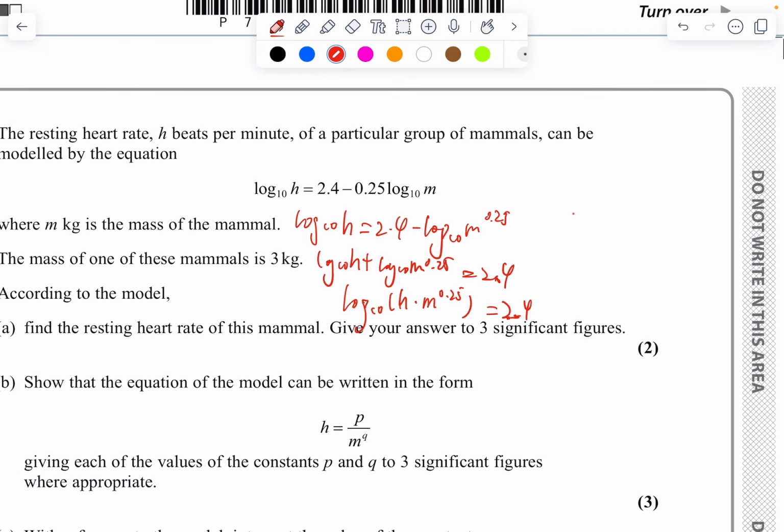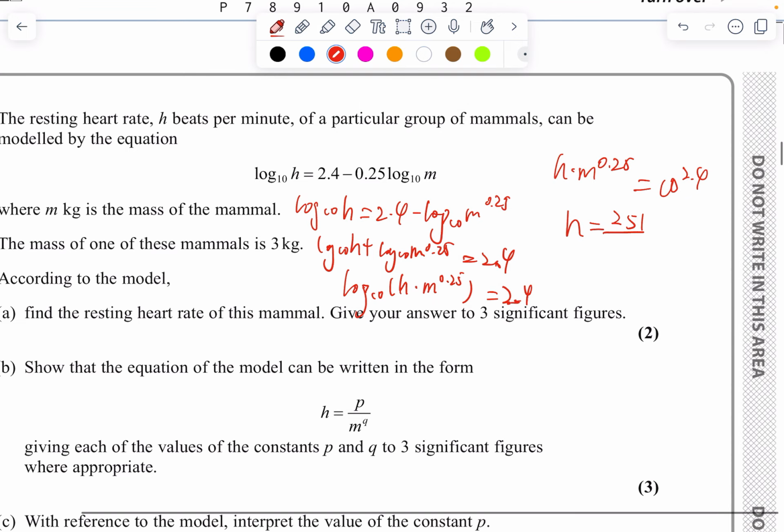Then we take the 10th power on both sides, so we have h times this. Basically, we're canceling out the log here. 10 to the 2.4 power is 251.2. So we have around h equals 251 over 0.25.